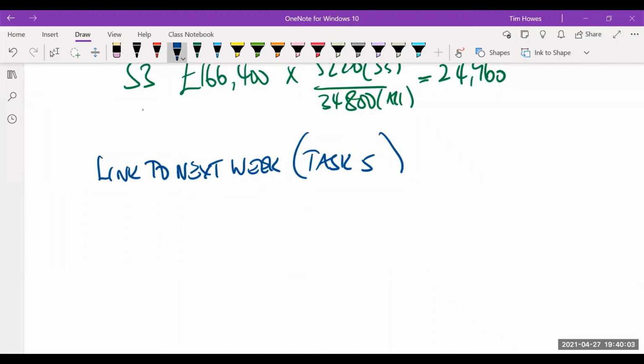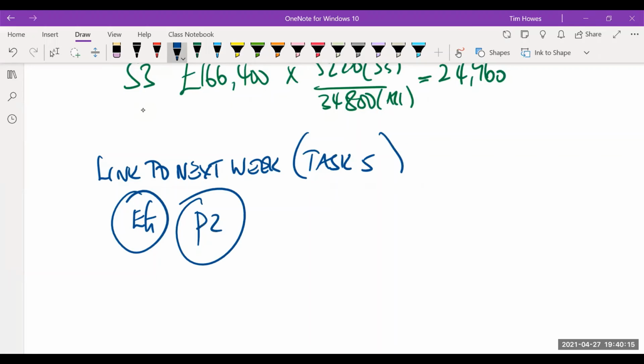Hey, why not? So the link to next week is, for instance, as an example, what we would then need to do is say, let's take P2. P2 has got £1,627,082 of overhead in it.